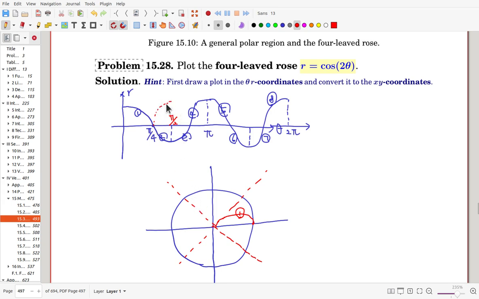As the angle increases, r becomes 1. That is the corresponding part, but the original one is a negation. That means we have to reflect this one and rotate by pi, so it is rotated to here. So that is part 2.